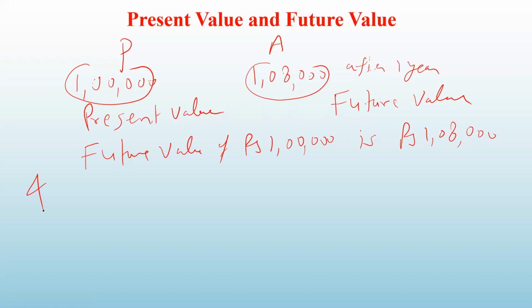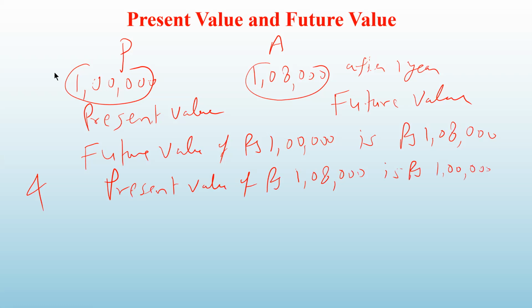And the present value of rupees 1,08,000 is rupees 1 lakh. Future value of 1 lakh is 1,08,000. You are putting 1 lakh today in the present, and you are getting it after 1 year, that means in the future. So the future value of 1 lakh is 1,08,000.